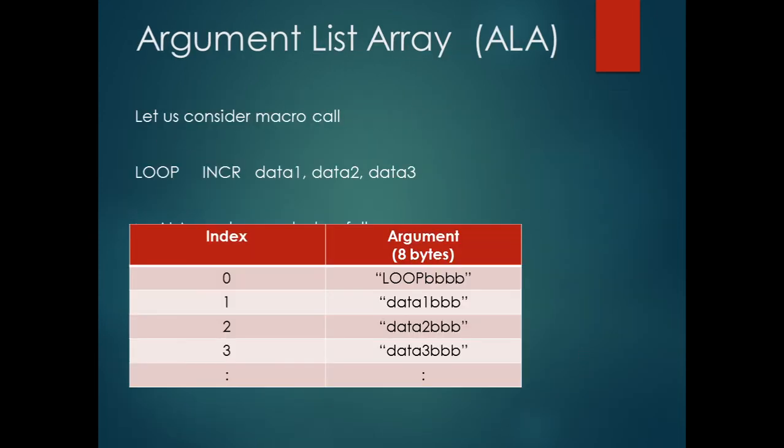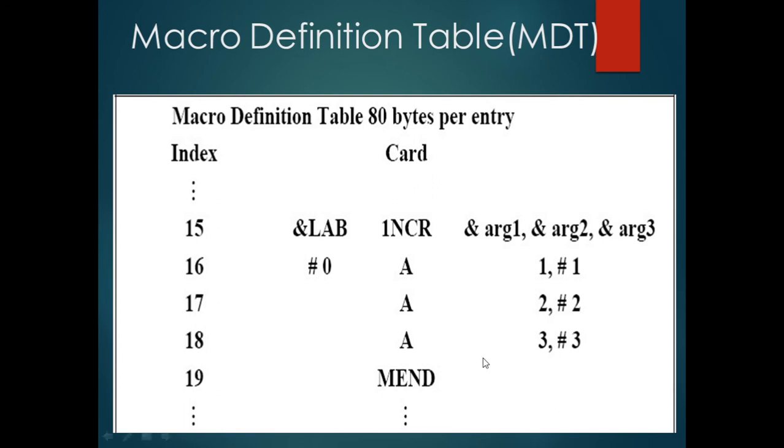For this, let us consider this argument list array. The loop argument is stored at index 0, data 1 at index 1, data 2 at index 2 and data 3 at index 3. These indices we need to use while storing the definition of the macro in MDT. As you can see, this hash 0 is for the loop.